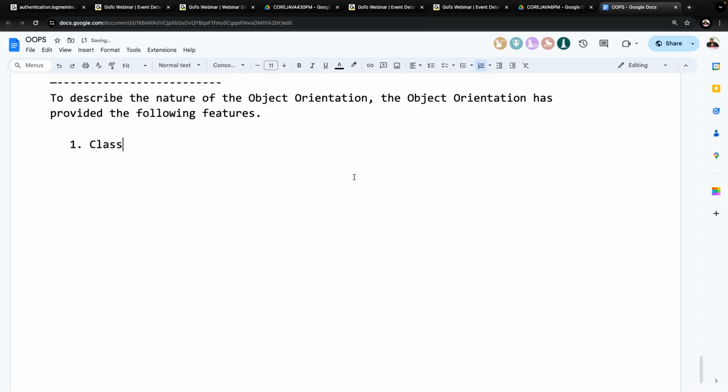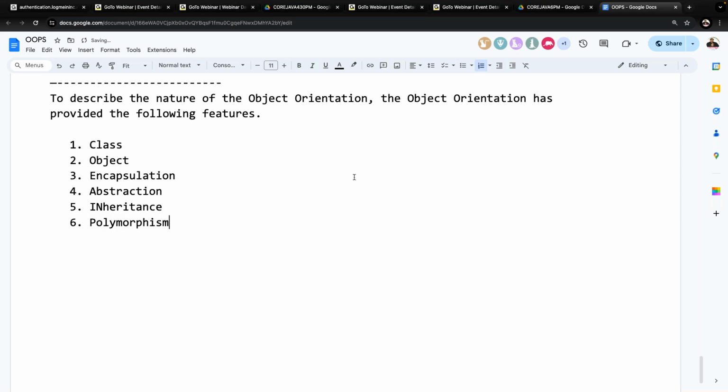The very first one is class. Class is one of the object oriented features. Next one is object. Third one is encapsulation. The fourth one is abstraction. The fifth one is inheritance. Next one is polymorphism. Then after this, message passing.